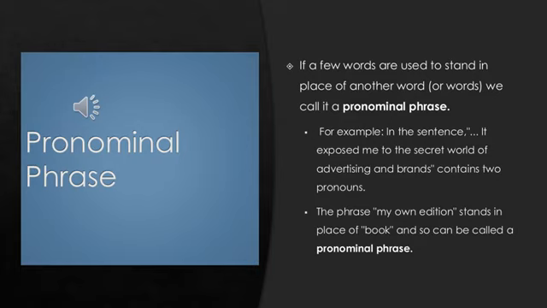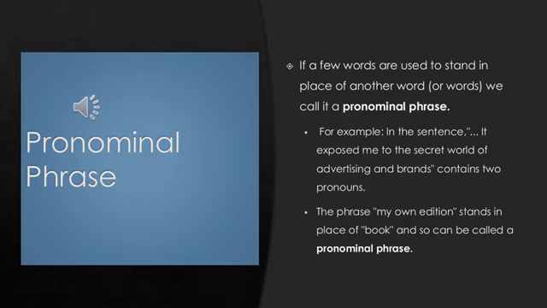Then if we look at the second bullet, it says the phrase "my own edition" stands in place of book, and so can be called a pronominal phrase. So we need to remember that pronouns are used to stand in for the names of things. If I had to go to someone and say, "I have a book," that's great.